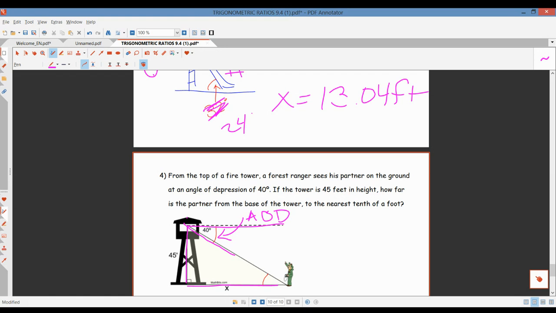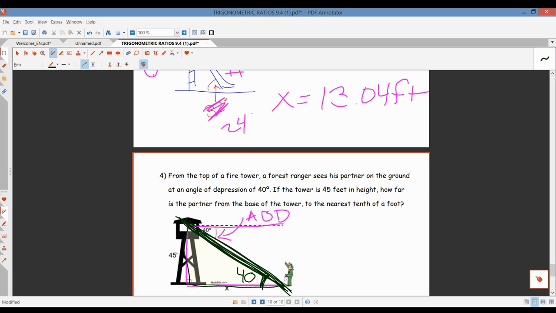So you can see that the angle of depression is really outside of our triangle. That's not really helpful. But what is helpful, and I'm kind of trying to go over it really dark, is that hidden transversal. So I know that this angle over here is also 40 degrees. So this is going to make my problem a lot easier.